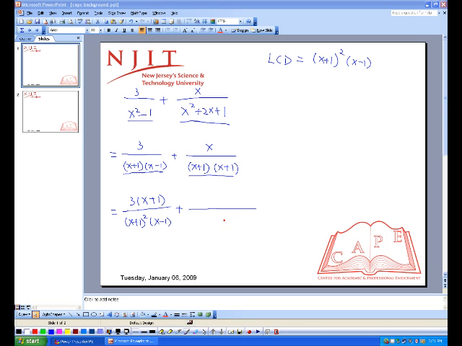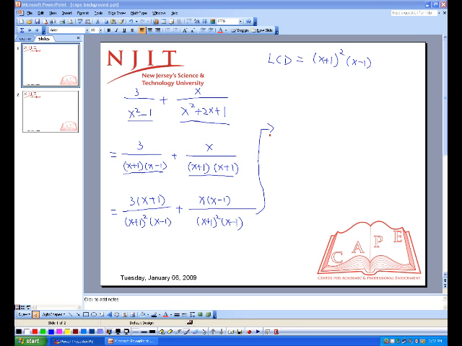Now the right side is x plus 1 times x plus 1, which is x plus 1 squared. In order to make this into the least common denominator, we have to multiply by x minus 1. That means the bottom becomes the least common denominator, and the numerator we multiply by x minus 1.